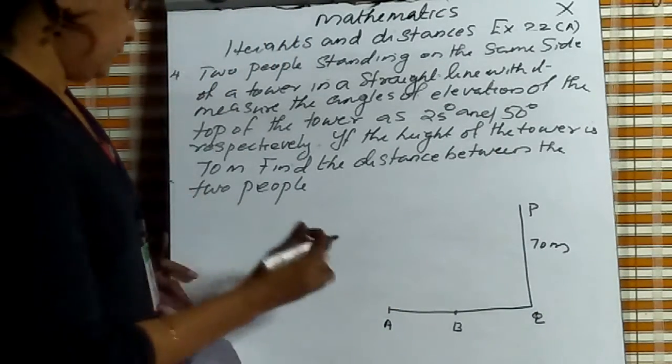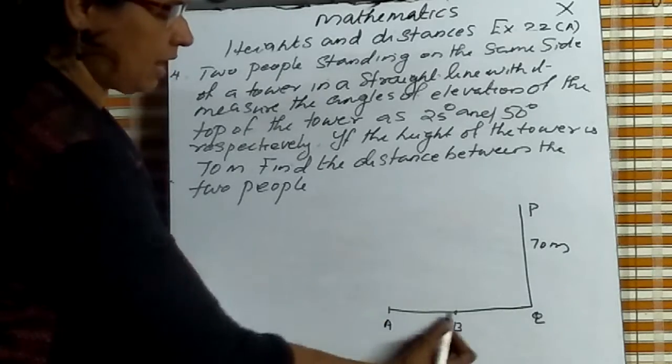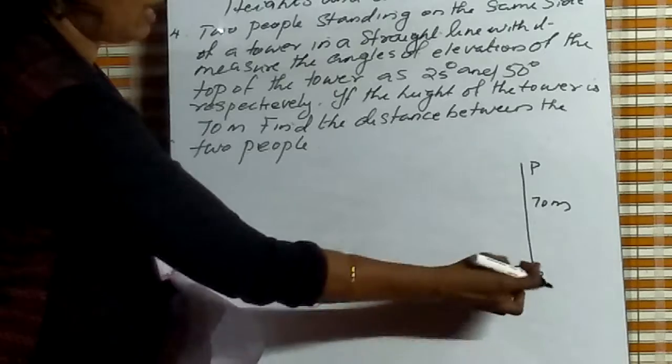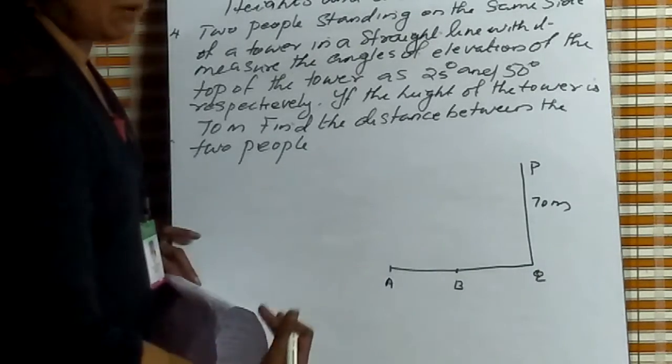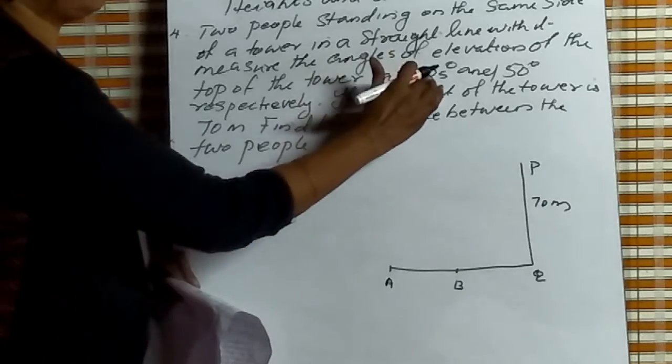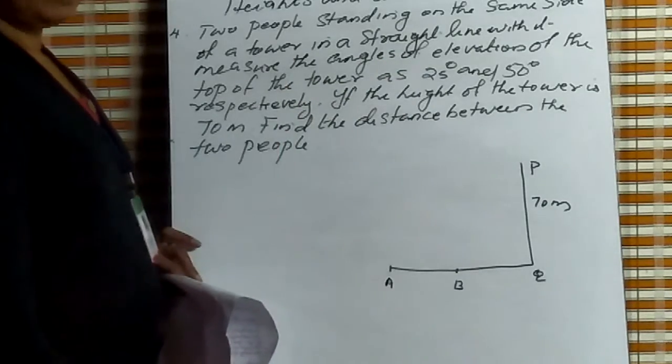Find the distance between the two people. That means we have to calculate AB.